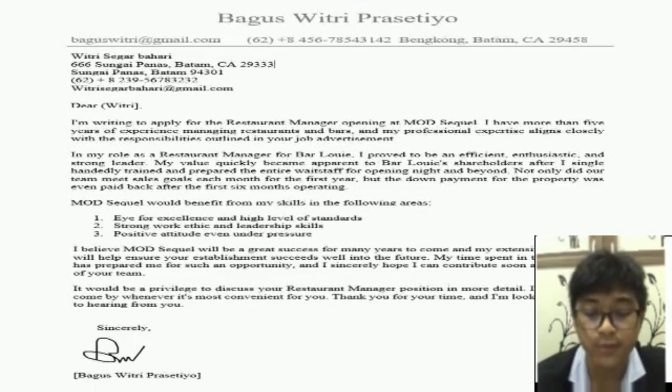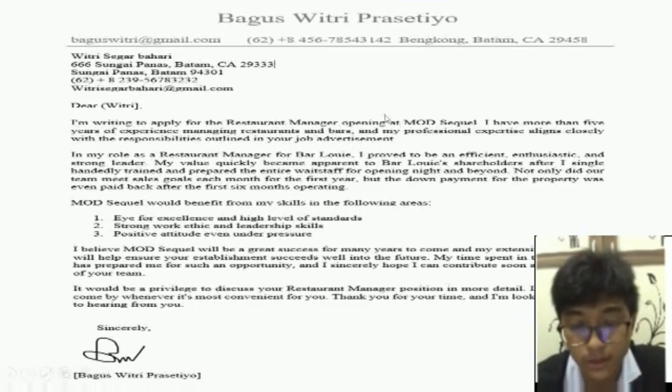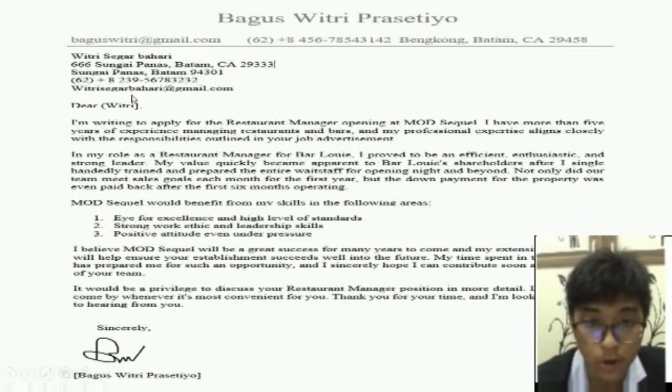Okay, so this is a professional cover letter that I made. I will explain how to make a cover letter as good as I made it. Step 1. Put your contact details in the header. Put your contact details at the top of your cover letter like this.